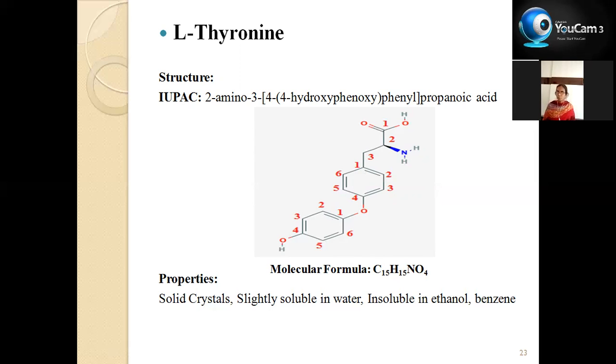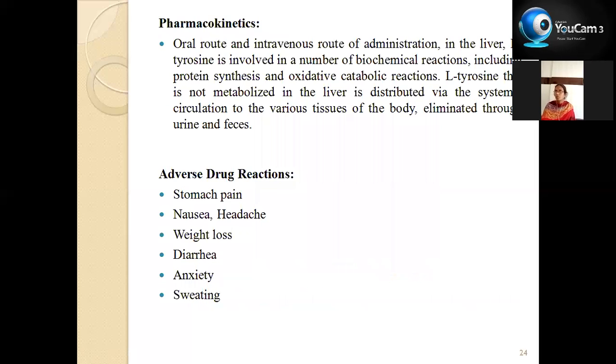As for the properties, it is a solid, crystalline in nature, soluble in water, and insoluble in ethanol and benzene. For pharmacokinetics, the routes of administration are oral and intravenous. In the liver, this drug is involved in a number of biochemical reactions, including protein synthesis and oxidative catabolic reactions, but it is not metabolized in the liver.